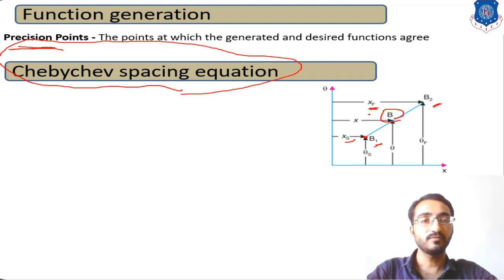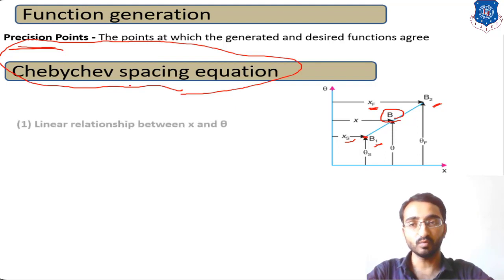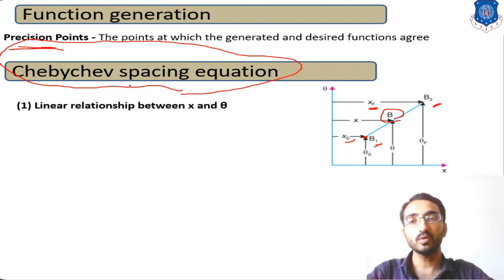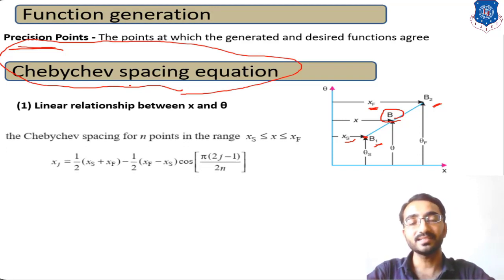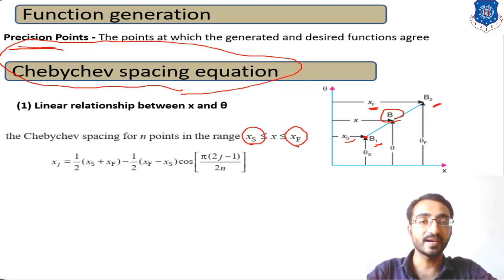Now, if you want to calculate how much the spacing between them will be, Chebyshev suggested one equation for linear relationships, that is, between x and theta. Consider xs as the starting point and xf as the final point, where s specifies the starting point and f denotes the final point.